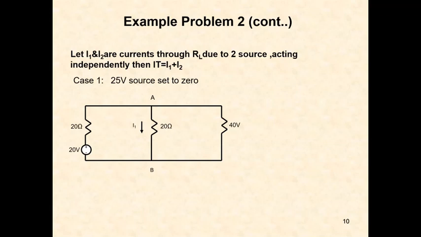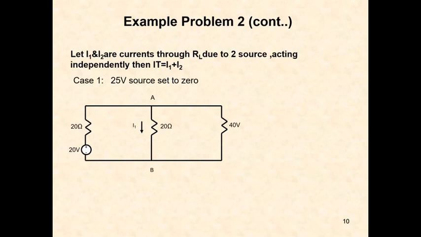In the actual problem it is the current flowing through the 5 ohm resistor, but the current through the 5 ohm resistor and the 15 ohm resistor are the same. Both resistors are in series, so we replace the 5 ohms and 15 ohms by a 20 ohm resistor. So the current flowing through the 20 ohm resistor is nothing but the current flowing through the 5 ohm resistor. Now we are calculating this current.